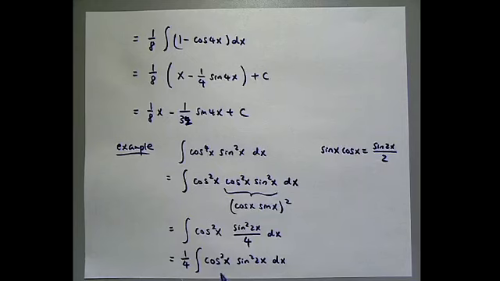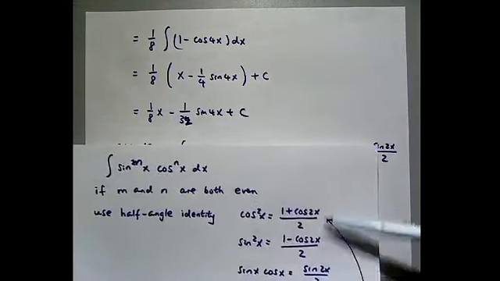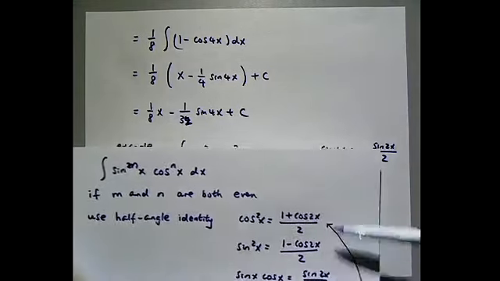Okay, so now we've got cosine squared of just x, and sine squared with a 2x. Now we've got choices again. We have these two we could use, or both.